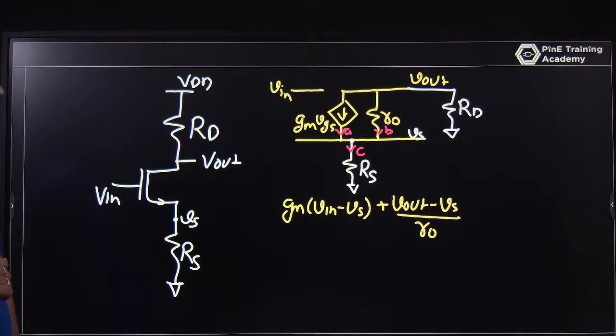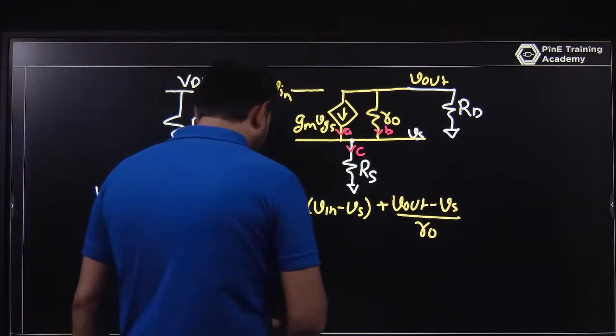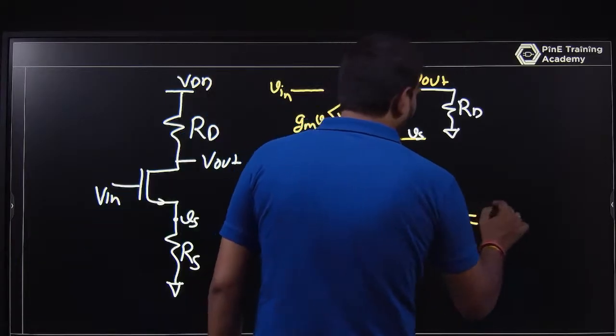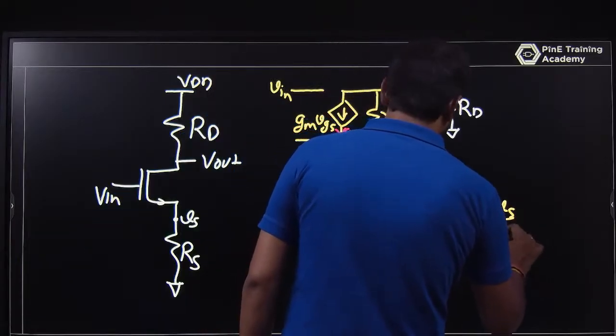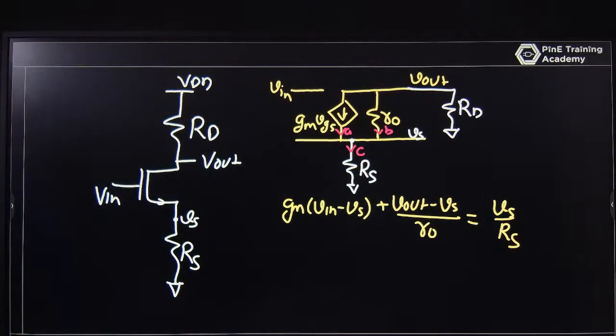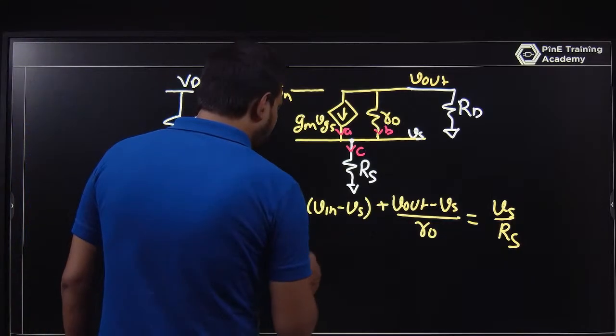So what is that C? C is simply VS upon RS. Just solve it. What is happening here?